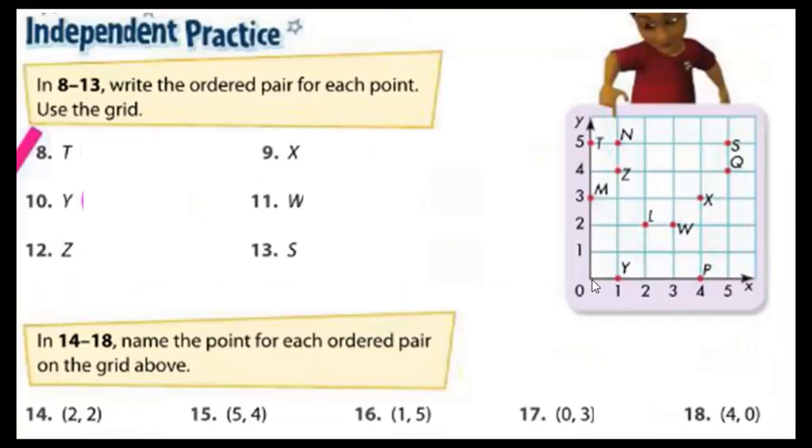On X, Mr. Walid, 0, because we didn't move from the Y axis. And we count 1, 2, 3, 4, 5 units. So the ordered pair here will be 0 and 5, representing the point T.